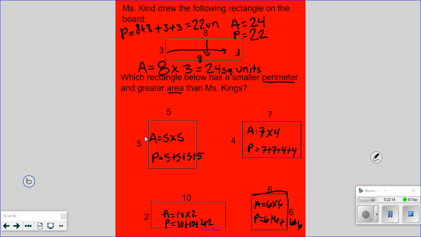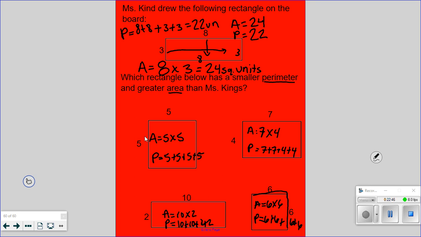All right. I think by now we've figured out the products and the sums. What is the best answer for this problem? Which rectangle has a smaller perimeter but a bigger area than Miss King's? Logan figured it out. Logan, you figured it out?